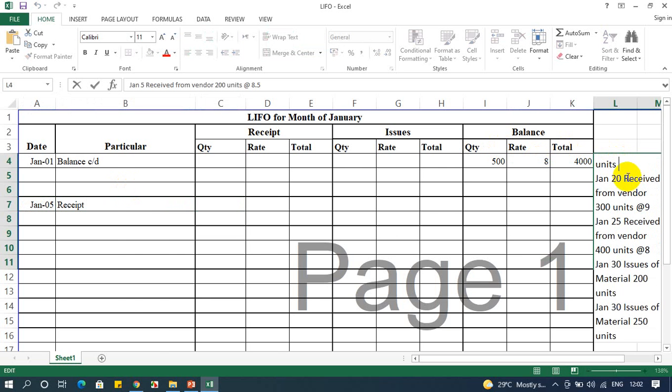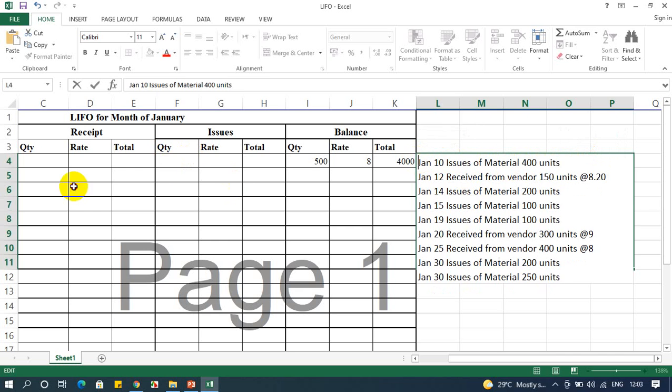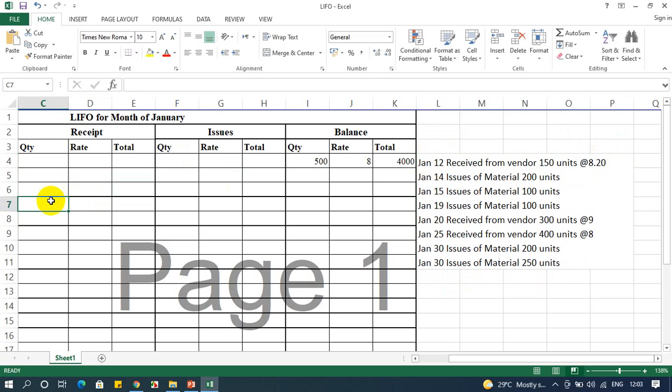It is written here that we received 200 units at the rate of 8.5, so it will be equal to 200 multiplied by 8.5, which is 1,700.